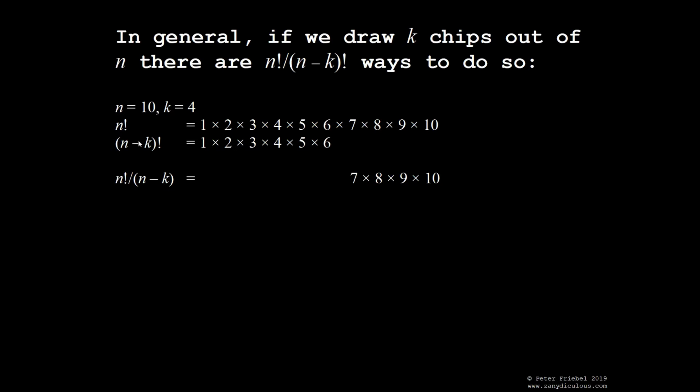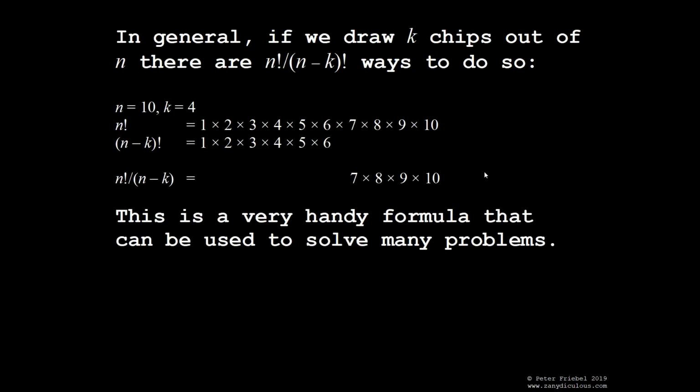So basically this is the factorial of 6. Now dividing the two, we'll just leave this bit. This will fall away against each other. This will cancel out. So you will have 7 times 8 times 9 times 10, which exactly is what we need. This is a very handy formula that can be used to solve many problems.